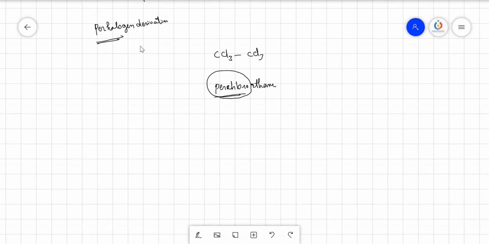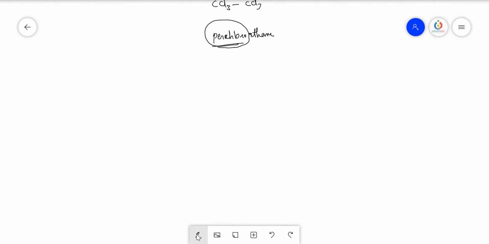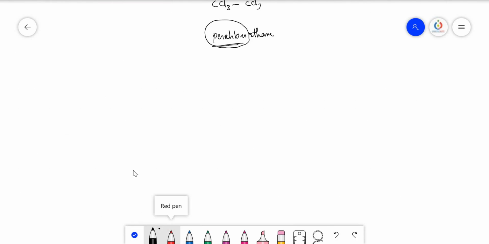Now coming to the aromatic halogen derivatives, that means haloarenes. In the case of the haloarenes, a simple thing is the halogen atom is directly bonded to the carbon which is sp2 hybridized.